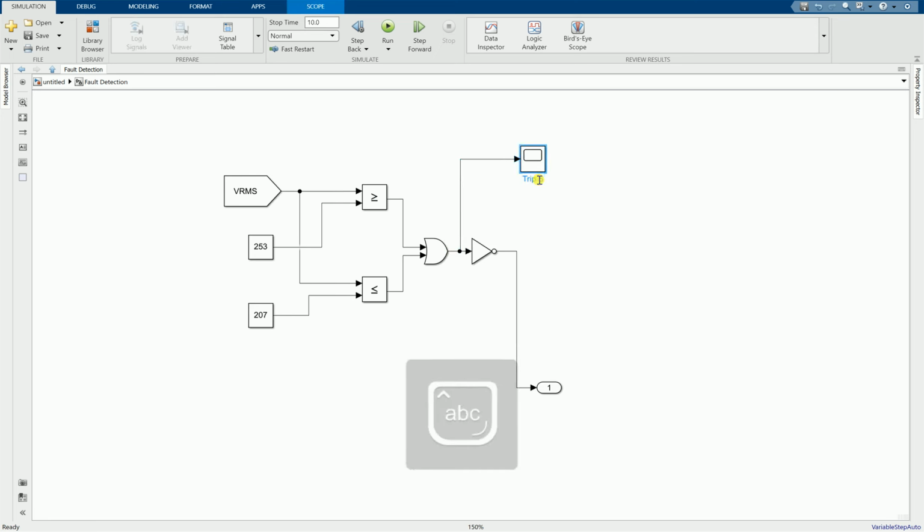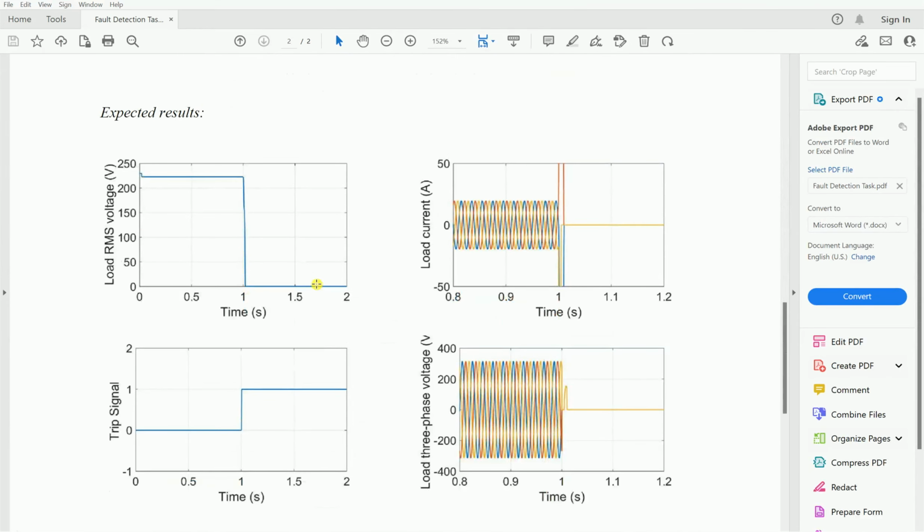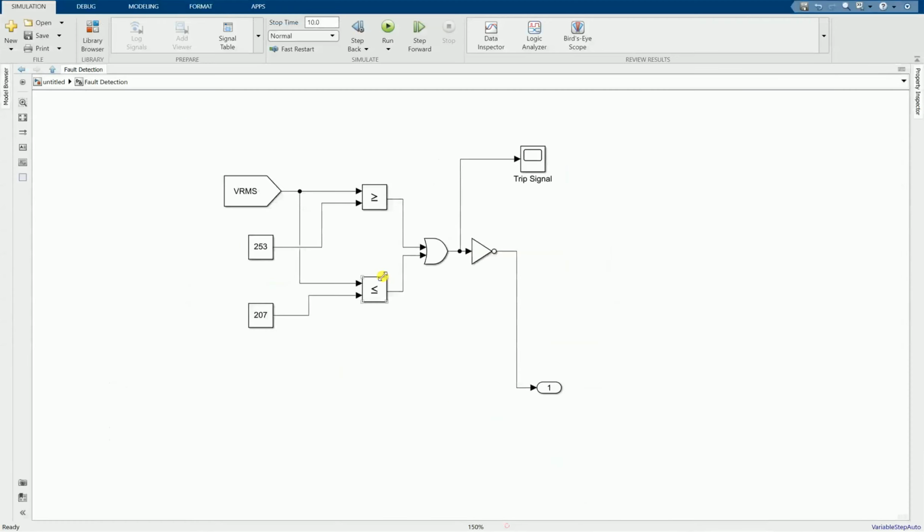Why is this one the trip signal? Because if any of these conditions is fulfilled, it will give us 1, similar to here. When the fault occurs here, the voltage is reduced, so the signal will become 1. So this is equivalent to this part.